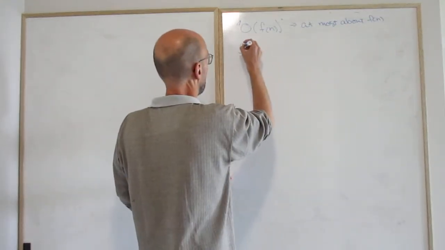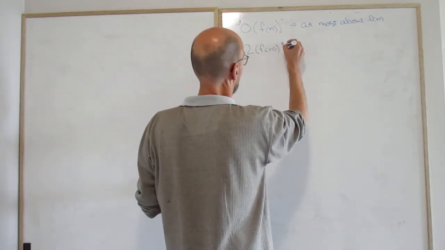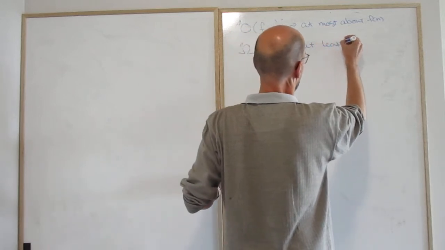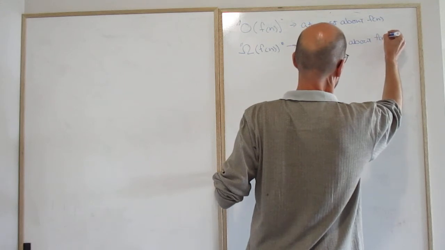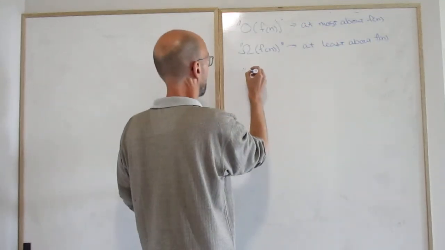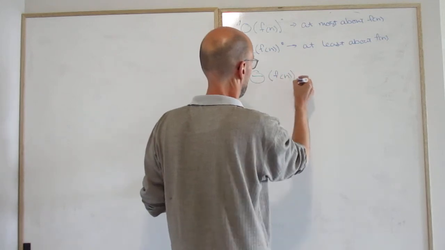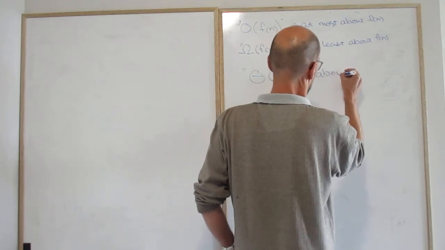Big omega of f of n means at least about f of n. Big theta of f of n means about f of n.